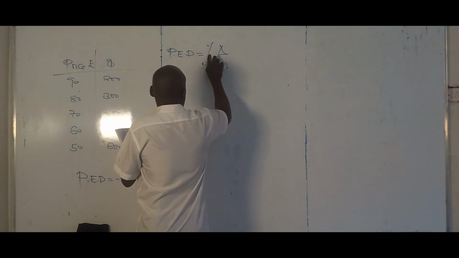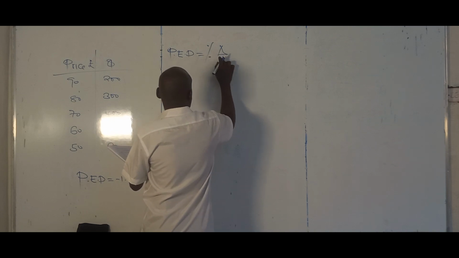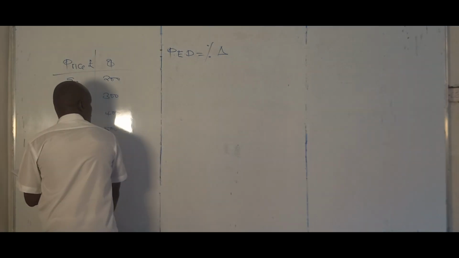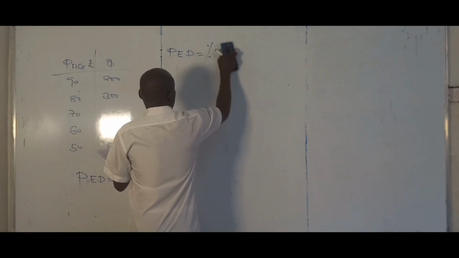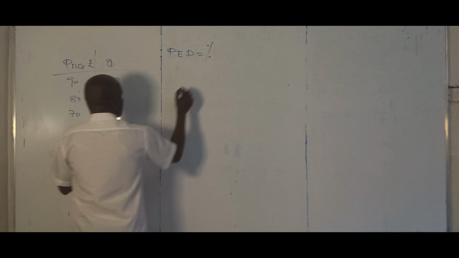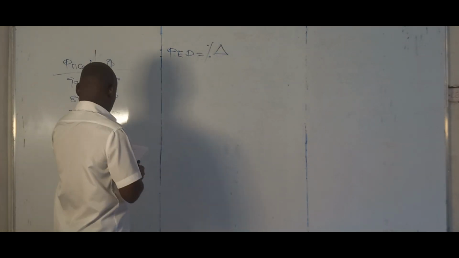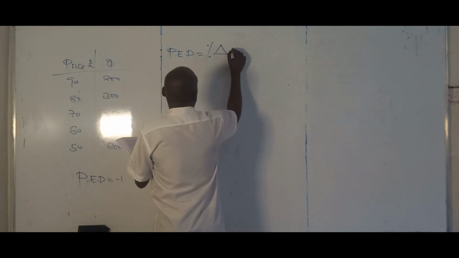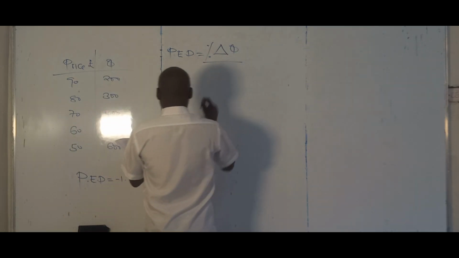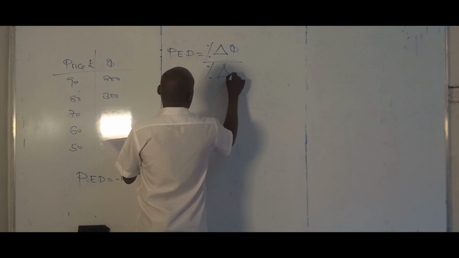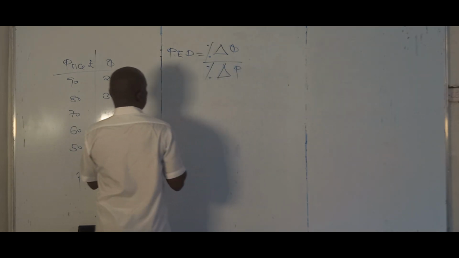I use delta for change. Let me write it well so that there's no confusion. Delta represents change. So it's percentage change in Q over percentage change in price.